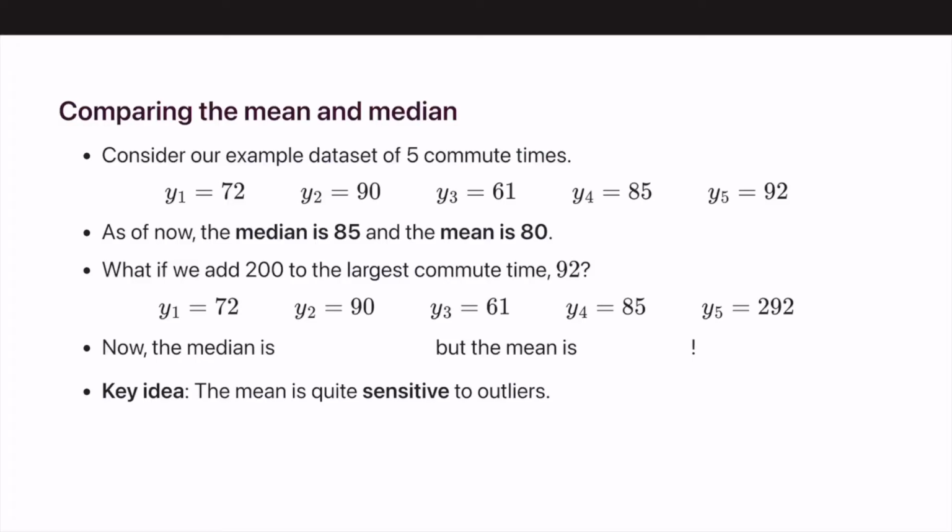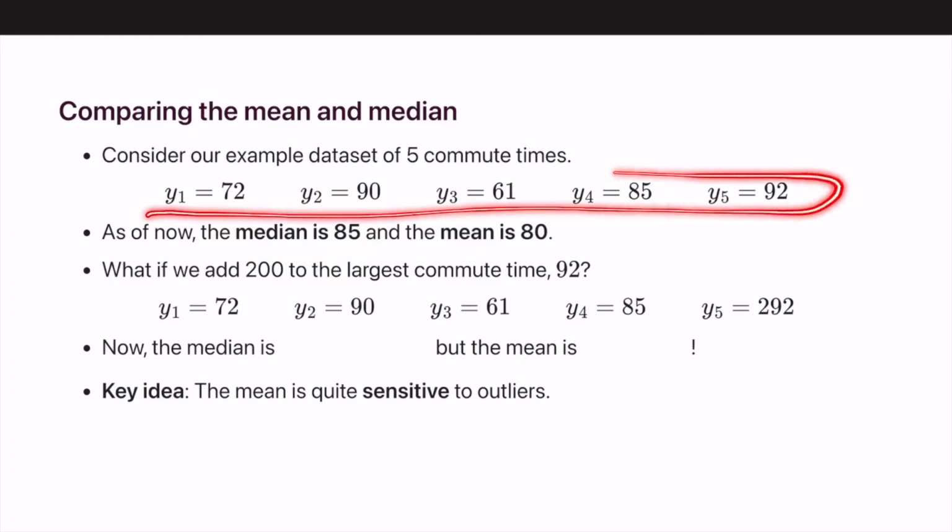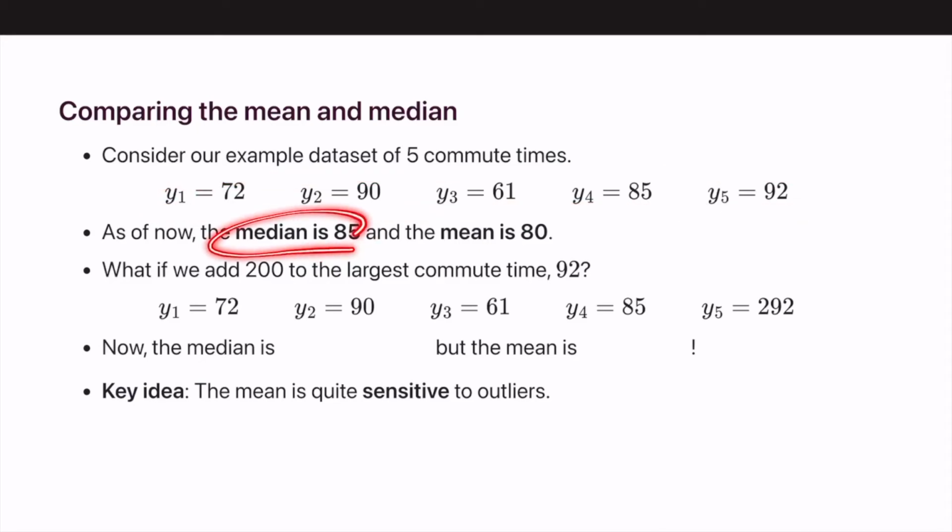And we want to look at these two things right here. For this data set, our toy data set, the median is 85 and the mean is 80. So let's pretend that we added 200 to our largest commute time of 92.